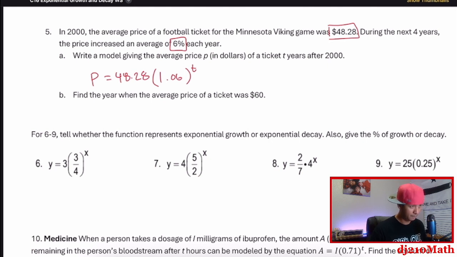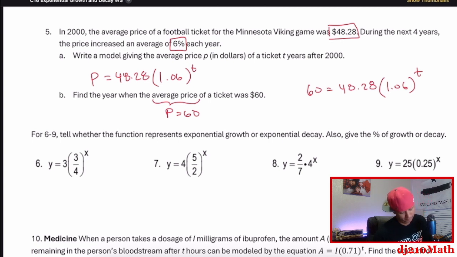And we find the year when the average price, okay, so average price is going to be P. P is equal to 60. That's what they're saying. So 60 is equal to 48.28 times 1.06 to the T. Okay, this is interesting because the variable is in the exponent.